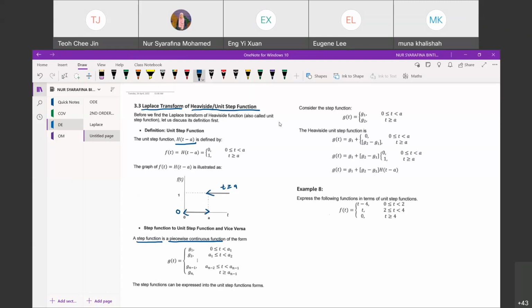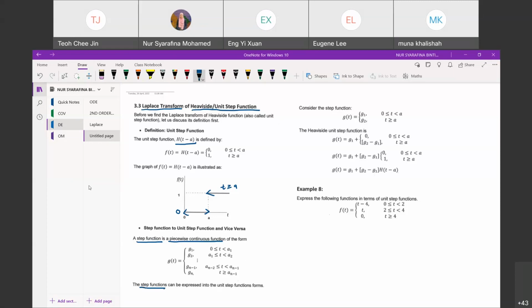Previously, we have a piecewise function. Now, in order for us to transform that piecewise function easily, instead of integrating one by one, what you can do is convert that piecewise function, that step function, into a unit step function.